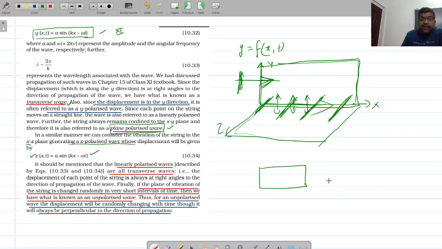But if we continuously change the plane of vibration such that vibrations take place in all planes randomly, then it is called an unpolarized wave. So an unpolarized wave means vibrations are taking place randomly in all planes.